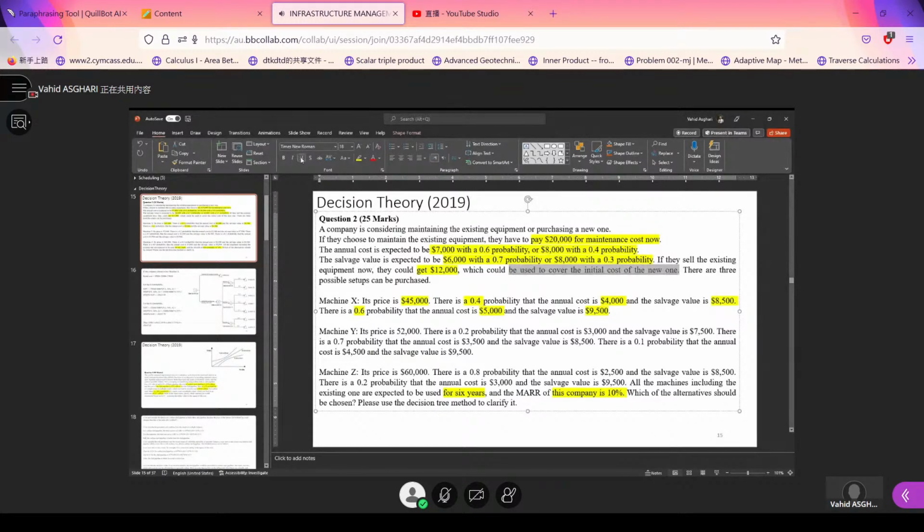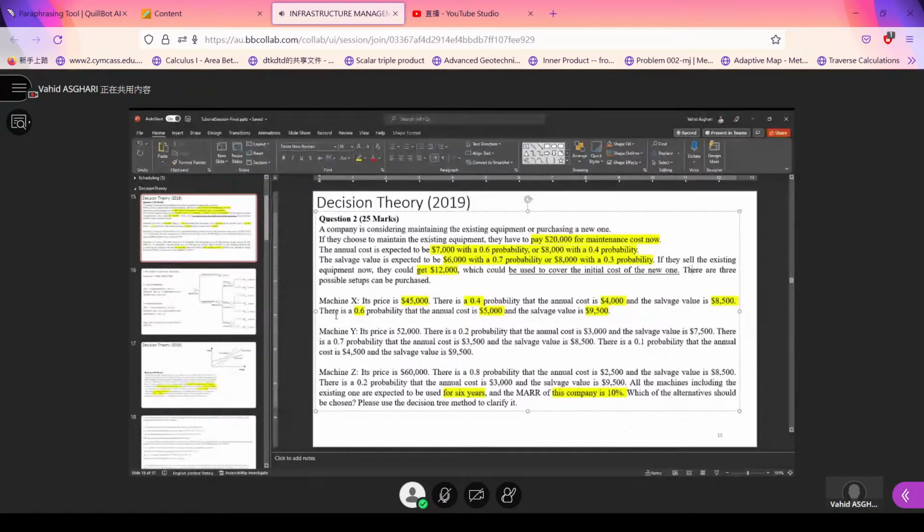Okay, there are three possible setups that can be purchased. Machine X. I want to talk about only one of them. Its price is 45K. There is a 0.4 probability that the annual cost is 4K and the salvage value is 8.5K.